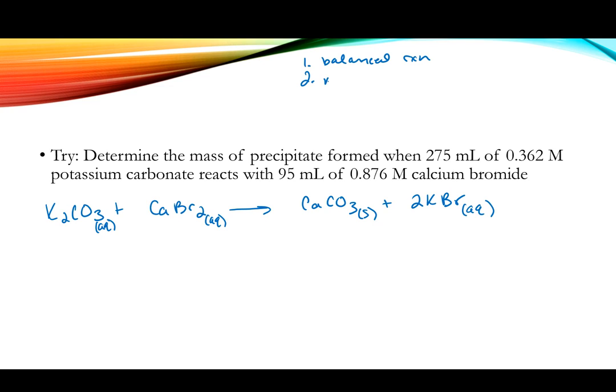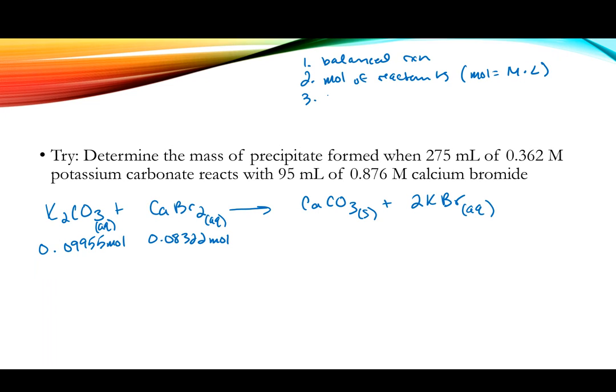Step 2, you're going to get the mole of your reactants. So potassium carbonate is 0.0995 mole, calcium bromide 0.08322 mole. And again, I did that using the molarity formula, rearranging it, concentration times liters.